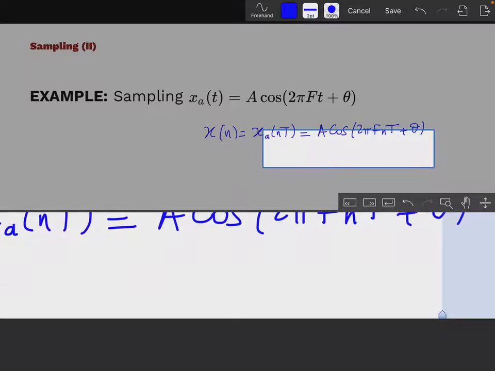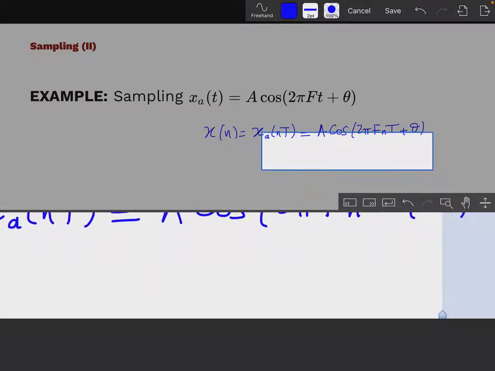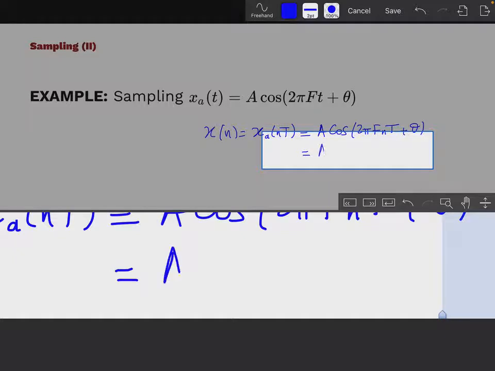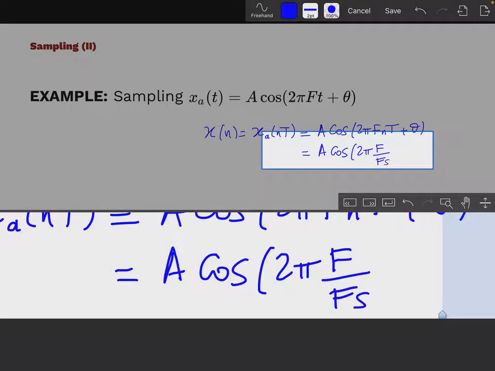Now, we know that T is equal to 1 over fs, right? Because T is our sampling period, we can write it as 1 over fs, where fs is our sampling frequency. So A cosine 2 pi f over fs n plus theta.